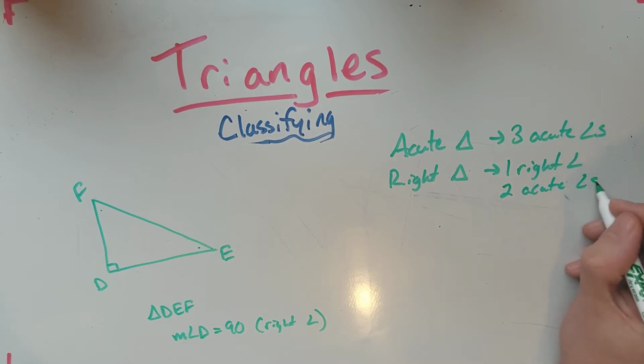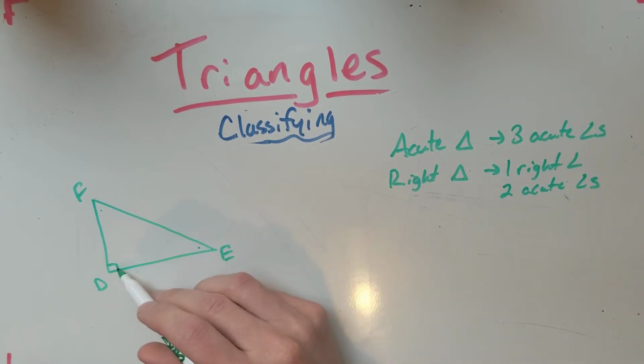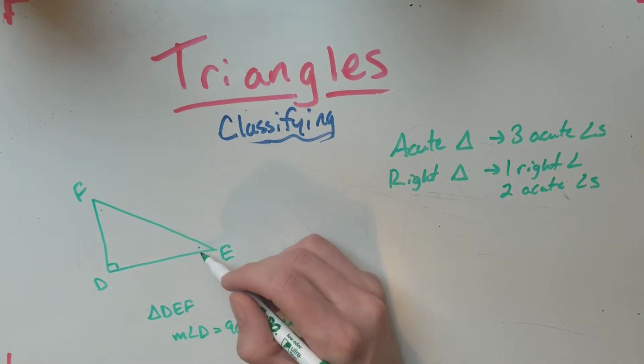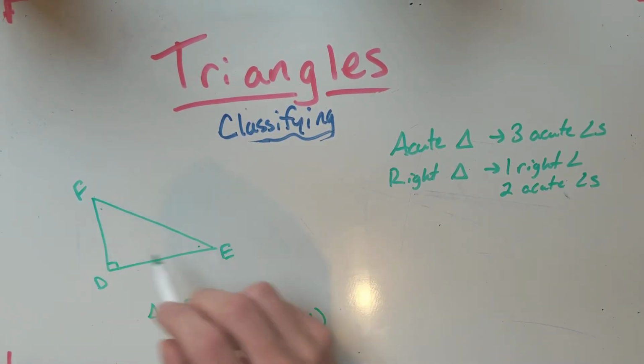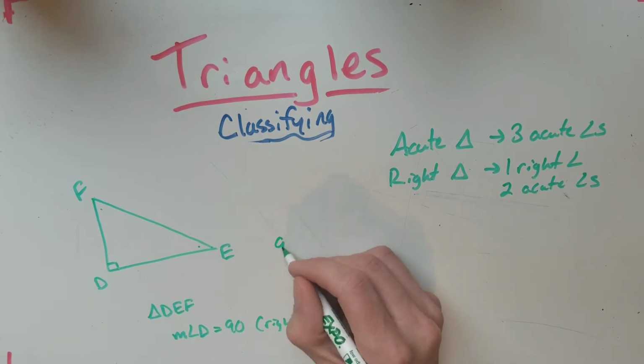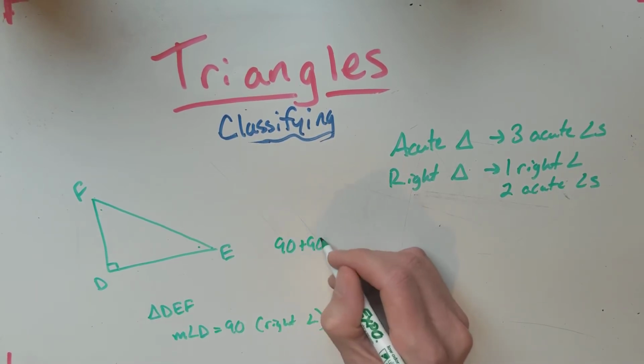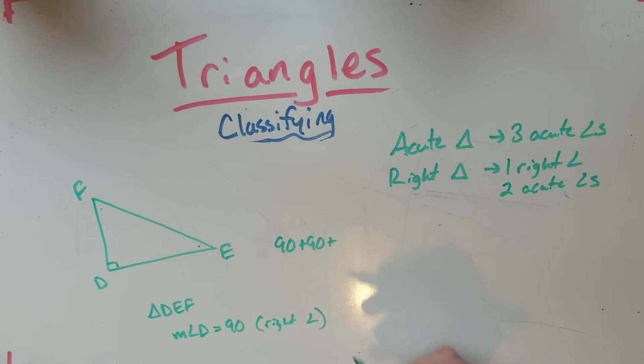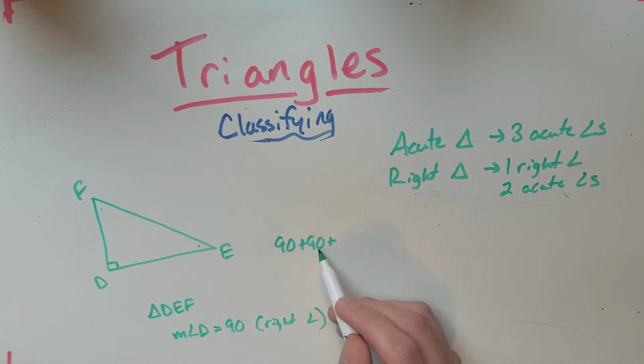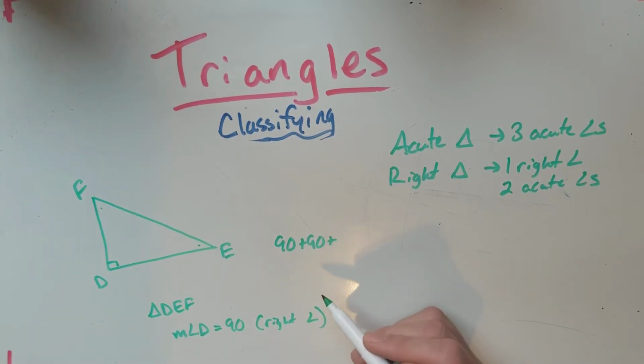And the reason why, if you have one right angle, if let's say somehow this was another right angle, when you're trying to find the sum of the 3 angles, you would have one right angle plus 2 right angles plus whatever the third angle is. No matter what value it is, it's going to end up being more than 180, and it can't be more than 180. It has to be equal to 180.